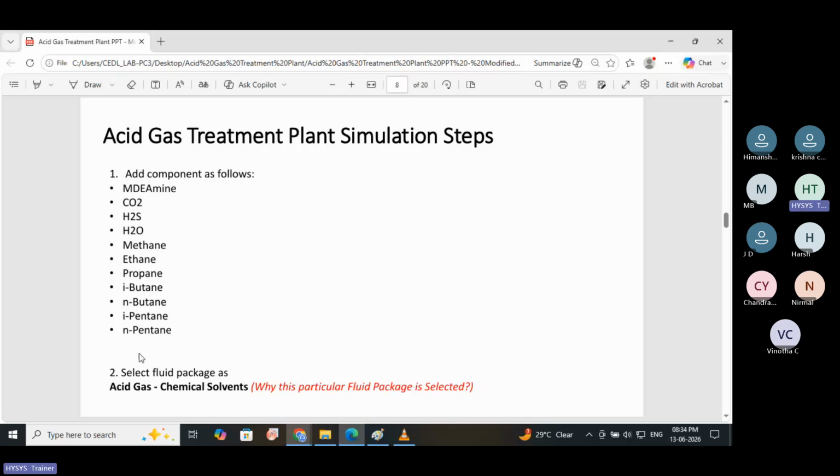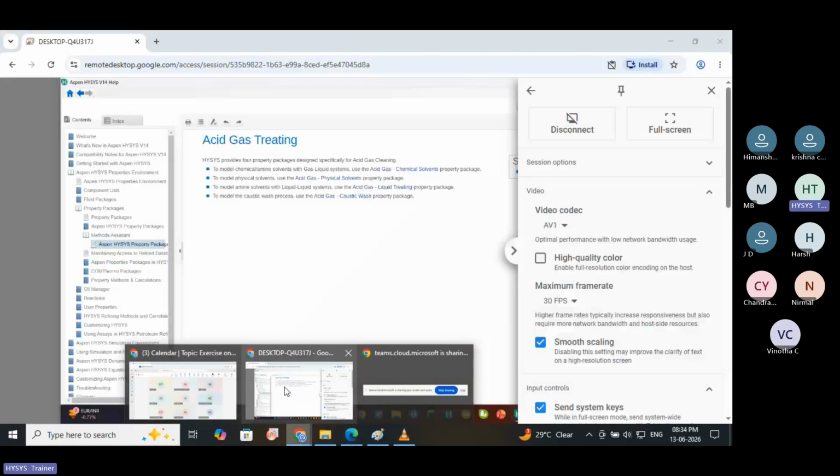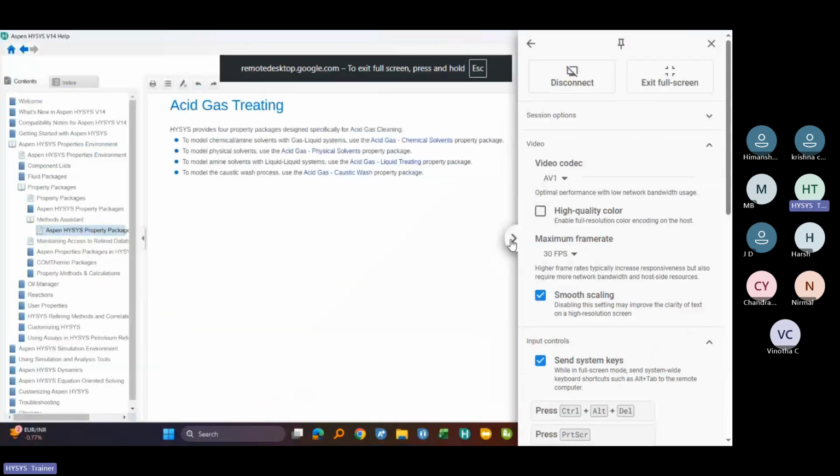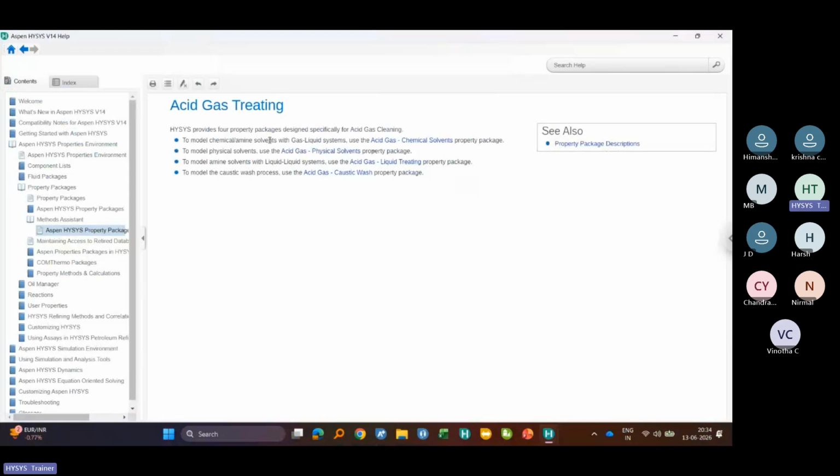Here you can see that our fluid package is acid gas chemical solvent. Let's see what is recommended for that. To model chemical or amine solvents with gas liquid systems, use acid gas chemical solvent as the property package.